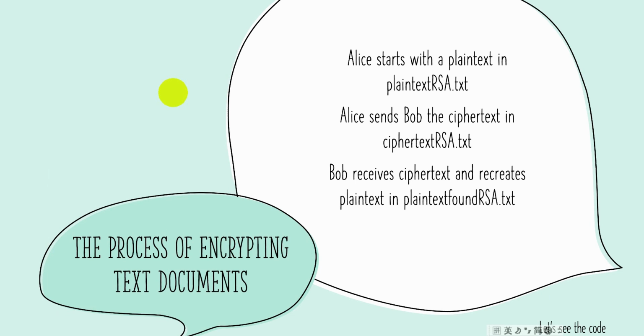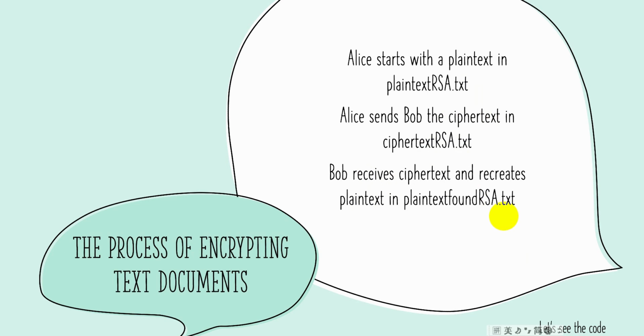So onto the part of encrypting and decrypting RSA on text documents. The process is like this. Alice starts with a plaintext in plaintext_rsa.txt. She finds the ciphertext and sends it to Bob in ciphertext_rsa.txt. Bob receives the ciphertext and recreates the plaintext in plaintextfound_rsa.txt.